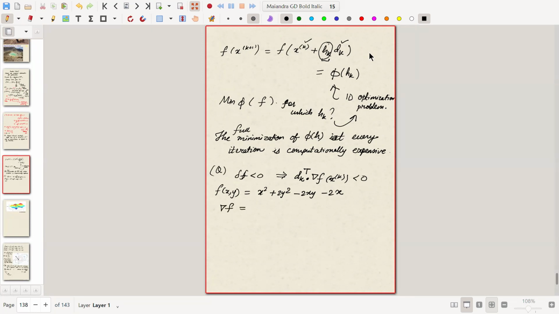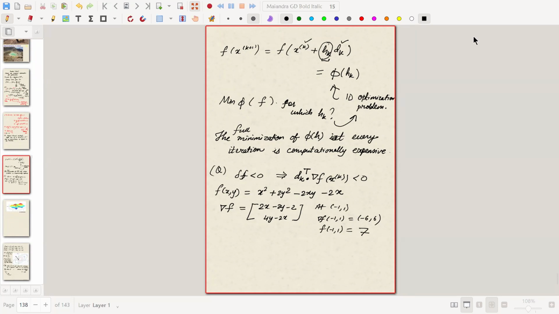The gradient of f is what? So f at minus 1, 1 is 7.